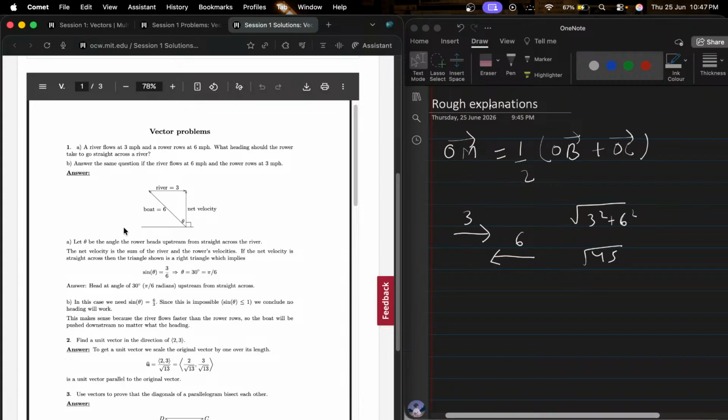Pi by... we get to the solution, pi by 6. The theta with the... oh, I thought it would be this simple. I'm dumb. We have to use trigonometry here. Yeah, in upstream problems, we generally have to use trigonometry. So it was mainly a trigonometry problem, an applied trigonometry problem, I would say. Okay, fine.